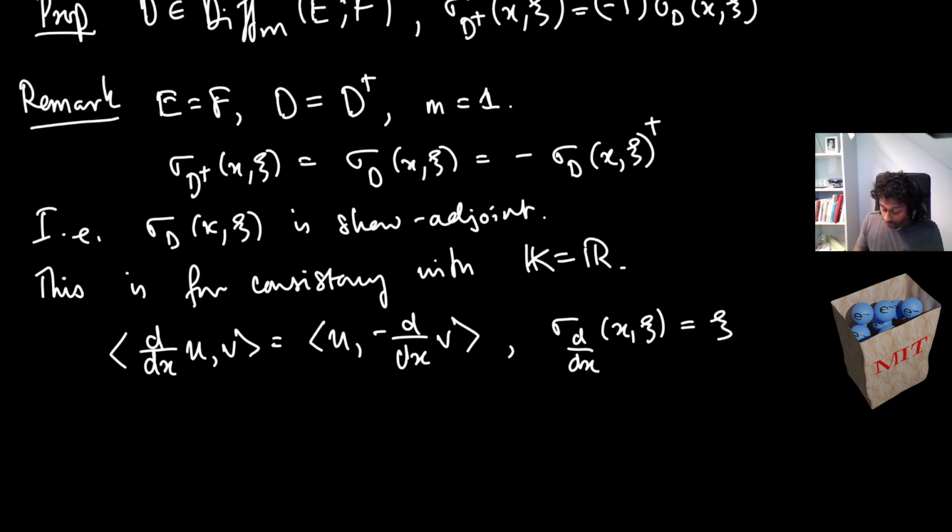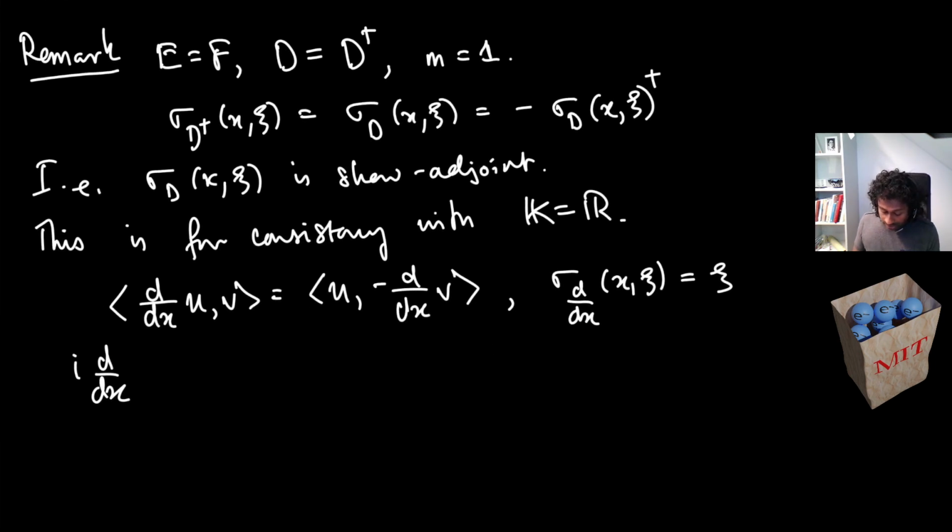So in this situation, we see that for the formal adjoint, we require this negative condition. If we were working on the complex numbers, we could consider i d on dx. This is now a self-adjoint operator which is complex valued, and in that case everything matches up. So the reason that we really consider the skew adjoint case is so that everything matches up when we have the field being real.